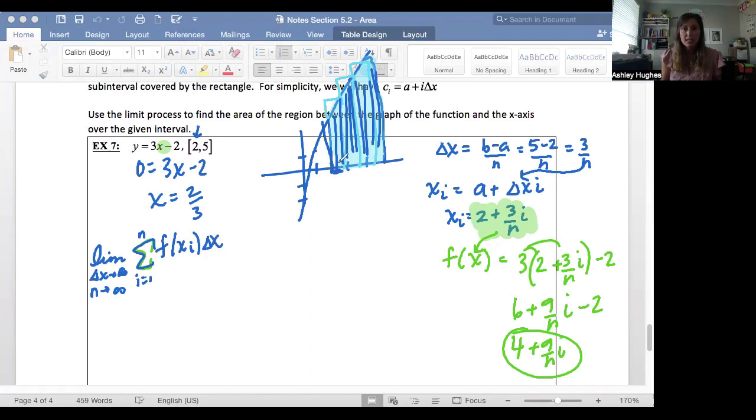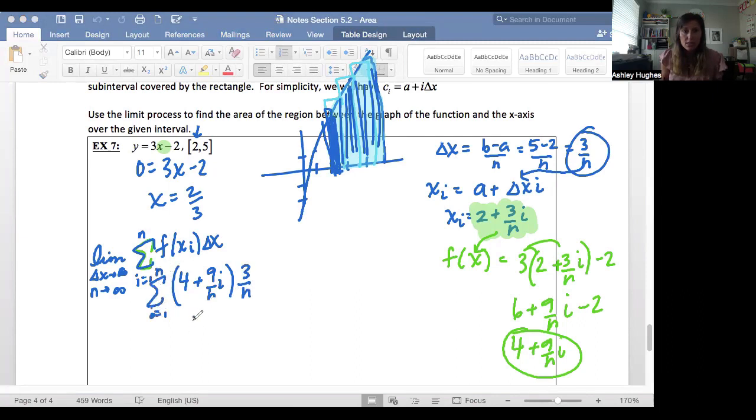Delta x is the width times f of xi, which is the height. That gives you the area of one rectangle, and you want to have an infinite number of rectangles, and you're summing them all up. So f of xi is 4 plus 9 over n, i, and then we multiply it by delta x, which is 3 over n. And we're summing it up from i equals 1 to n.